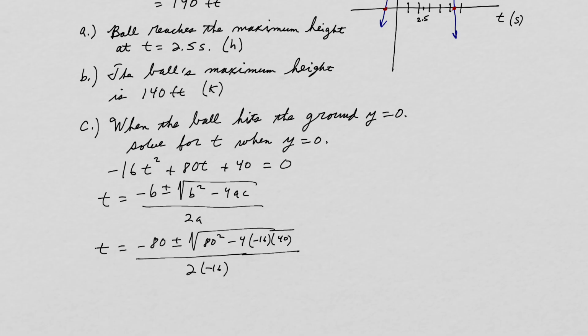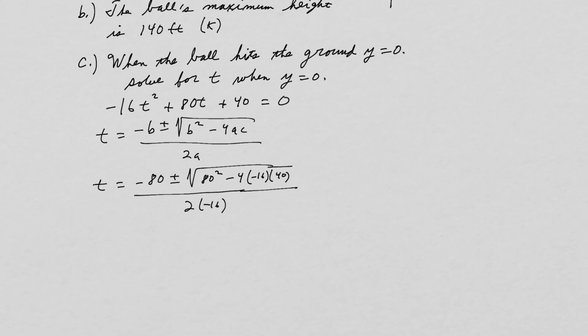All right, so kind of a pain here, but if you plug this into your calculator, you should find t is equal to negative 80 plus or minus, that term with the radical is going to simplify to 94.66, all over 2 times negative 16, which is negative 32.